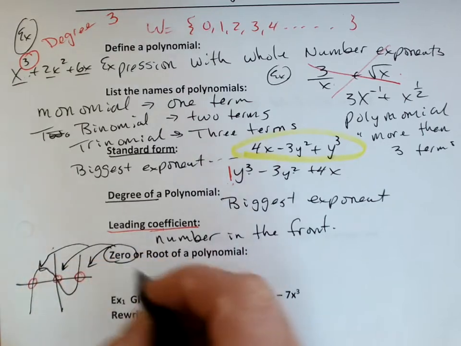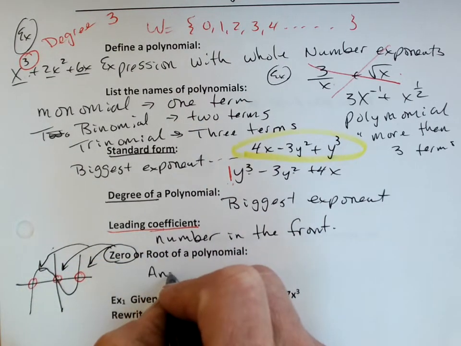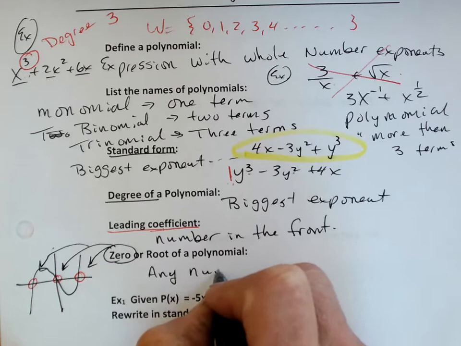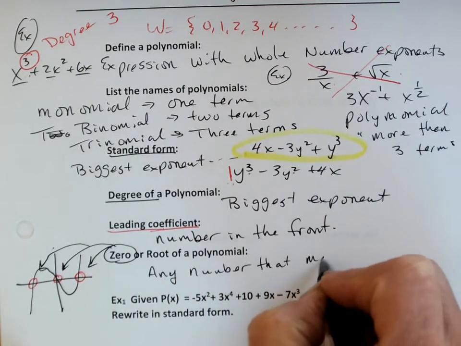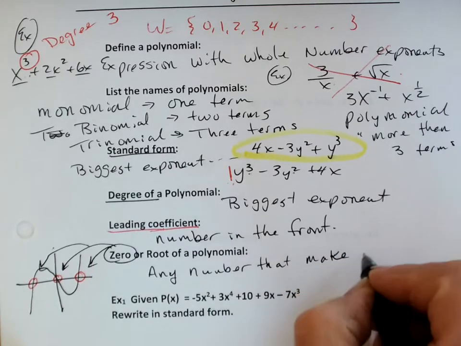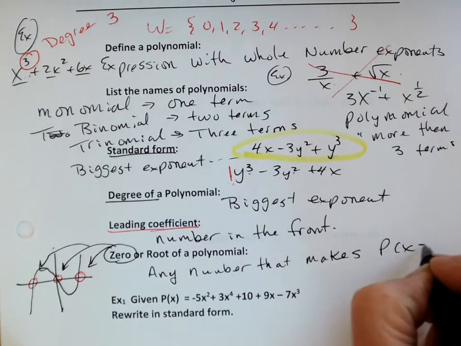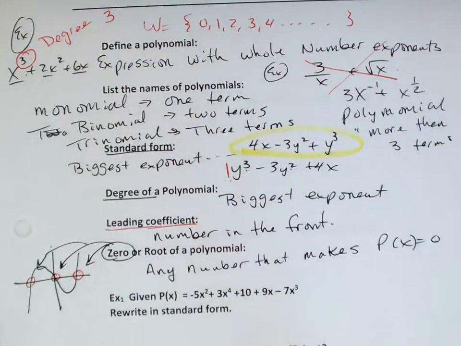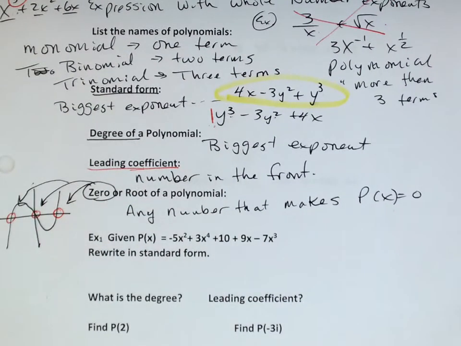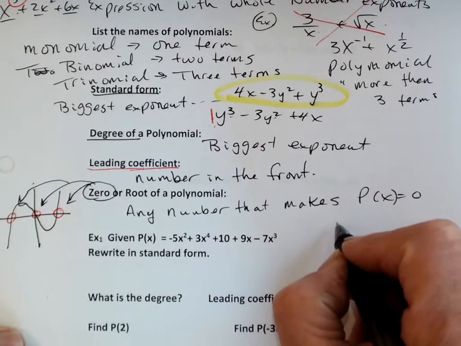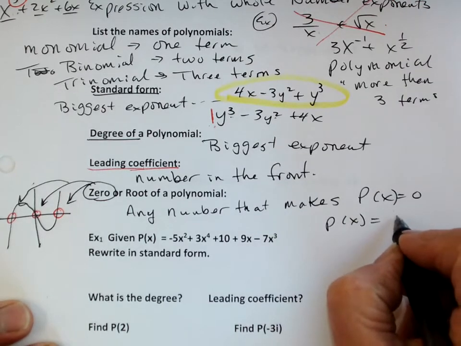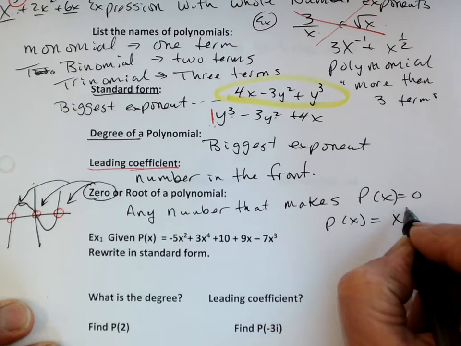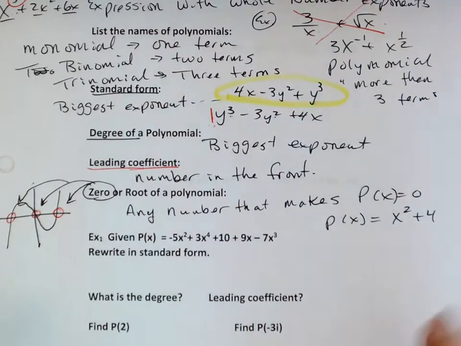Or it's any number that makes p of x equal to 0. I'll show you an example. Let's say I've got p of x equals x squared plus 4.